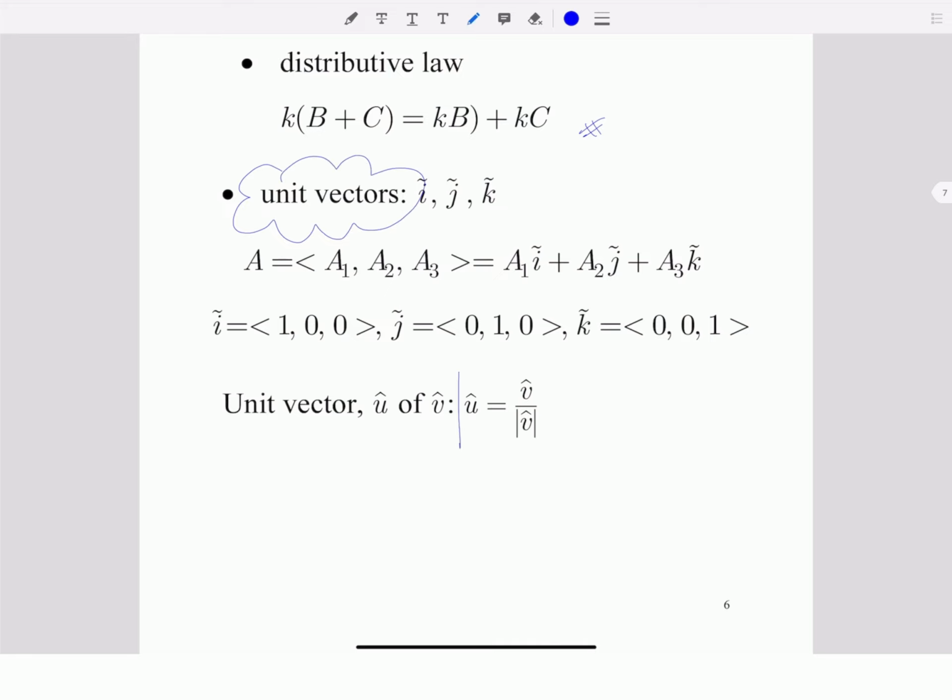This is the unit vector, if you still remember. The notation for the unit vector of u is u hat.